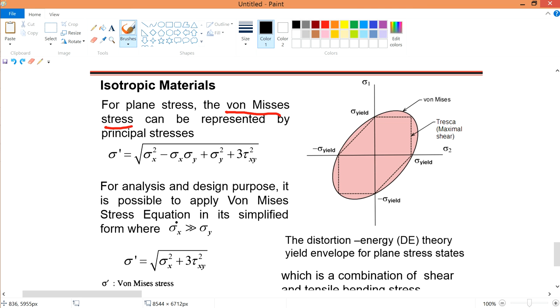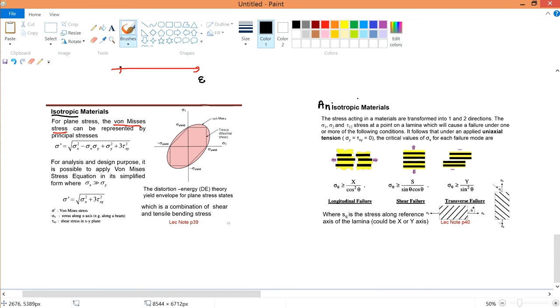Normally you want to compare isotropic material and anisotropic material. I repeat again, you want to compare what is the largest strength the material can take before failing. So you compare between isotropic and anisotropic. Normally the anisotropic is only one direction, which is the x direction.